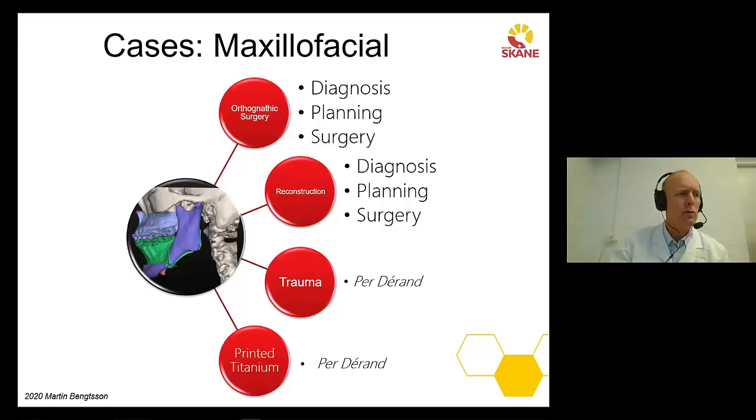I would like to focus on the part where 3D printing is helping us in our facility and helping the patients. There is a lot more to say about these patients and treatment methods that we will not cover today.